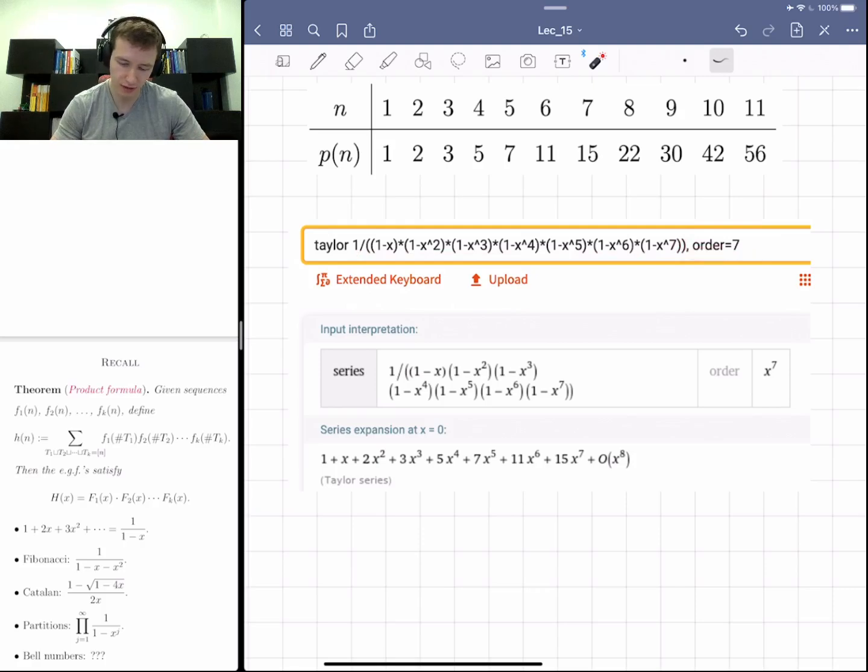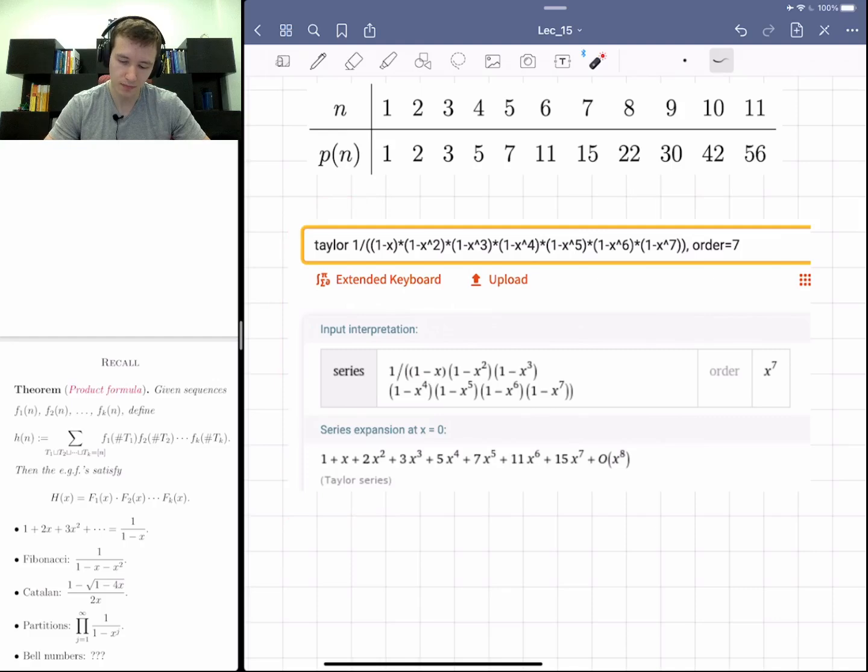Right on the nose, it gives you the same sequence: 1, 1, 2, 3, 5, 7, 11, 15. There's an extra one corresponding to n equals 0. But the point is that if you want to check that you got the correct answer after manipulating generating functions for a while, you can just ask it to find the Taylor expansion, and computers are very good at that.